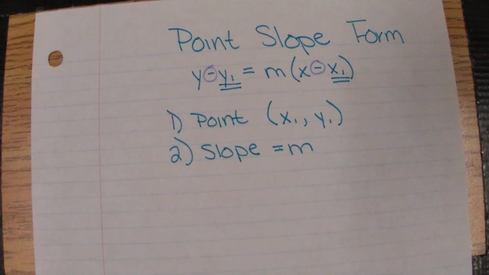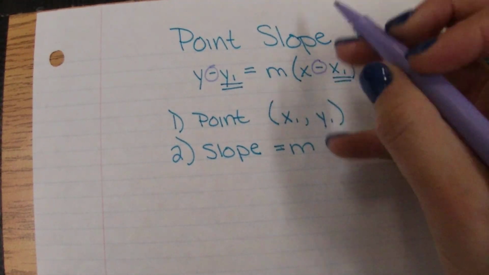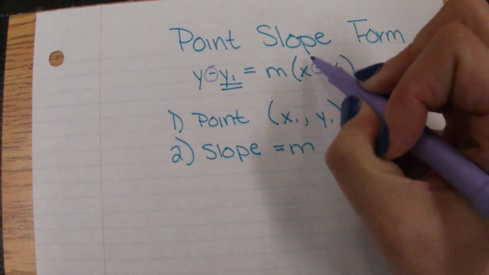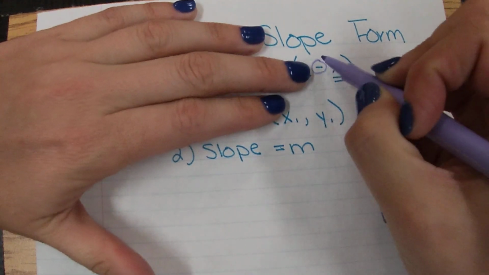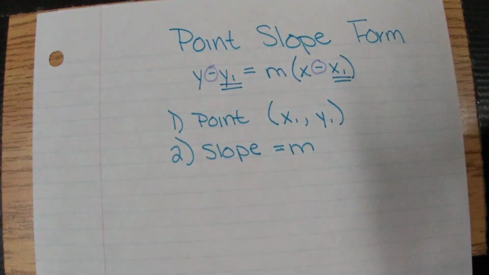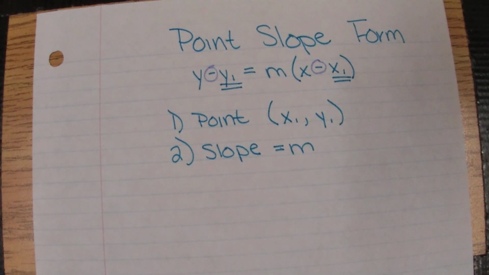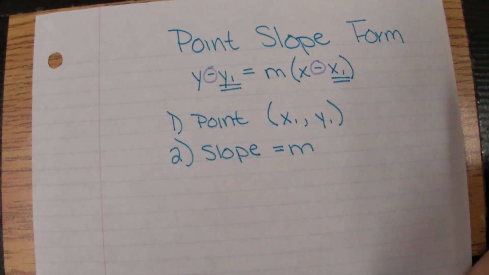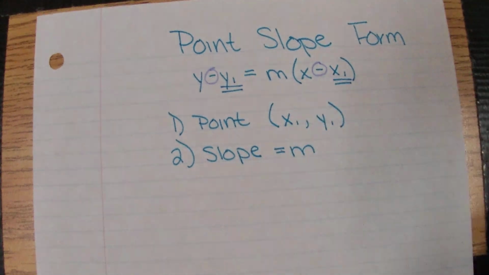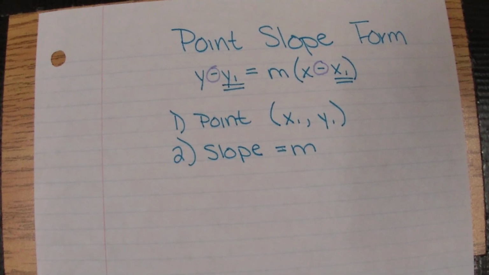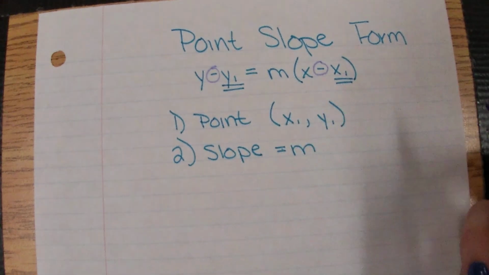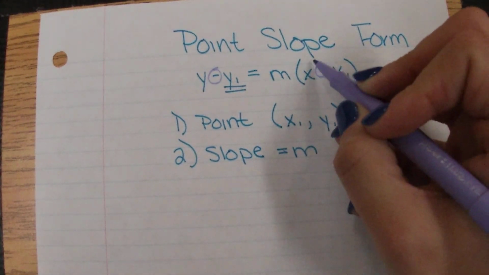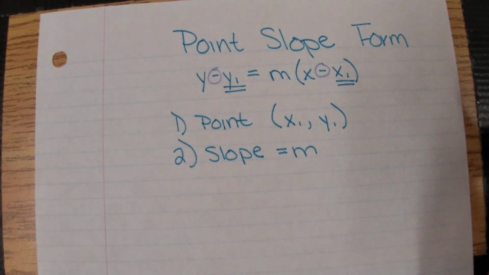So we've talked about a couple ways that we can read this, right? We can read this as subtraction, or we can also read this as a negative, but we can also read this as the word opposite, right? This tells us to take the opposite sign of whatever. So when we are finding our ordered pair of x1 and y1, we need to use the opposite sign of what it looks like.